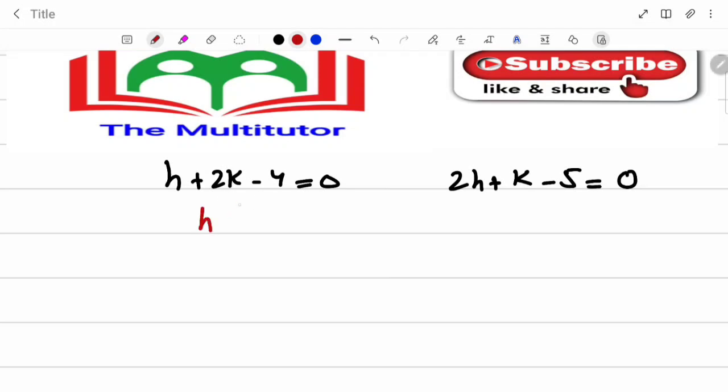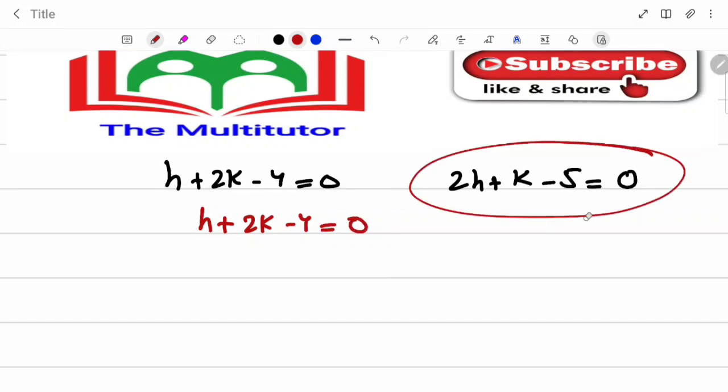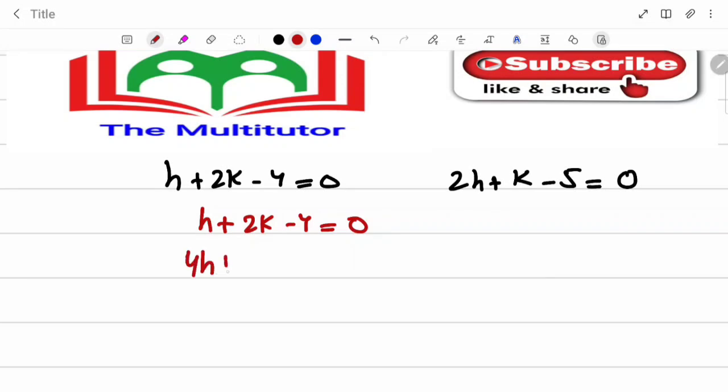Just consider we have h plus 2k minus 4 equals 0. So can I multiply this by 2 so that I make the coefficient of k the same for the equations? So 4h plus 2k minus 10 equals 0.